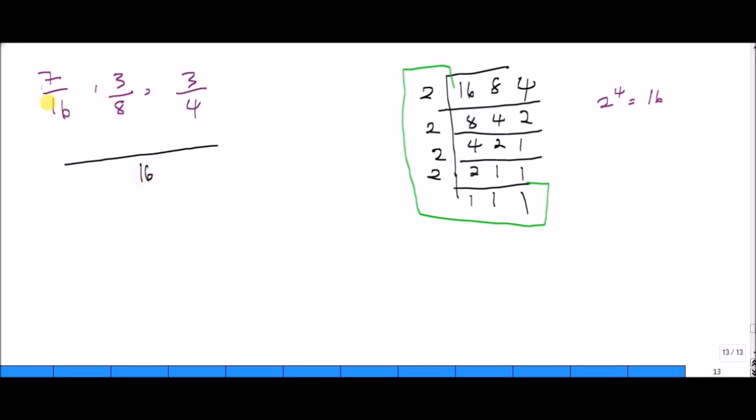So 16 into 16 would go 1 time. 1 times 7 would give you 7. So the equivalent fraction for 7/16 would be 7/16, because in this case, we'll be multiplying both the numerator and the denominator by 1. We have 8 into 16 goes 2 times.